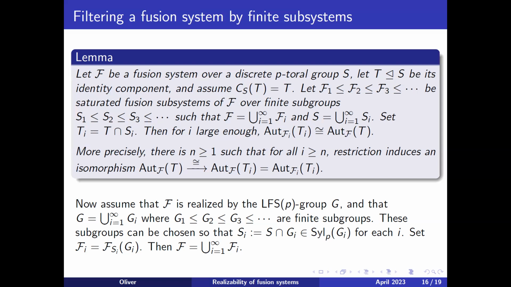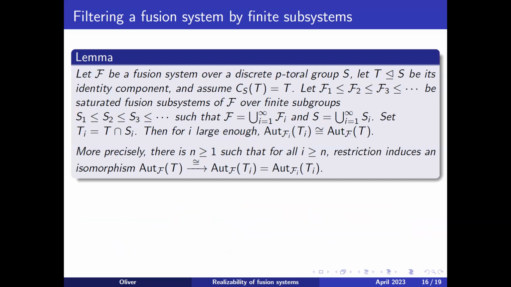In other words, those have to be Sylow subgroups of G_i so that you can define these finite fusion subsystems F_i. And then it's easy to check that F is the union of these F_i's. And so that's going to be the procedure.